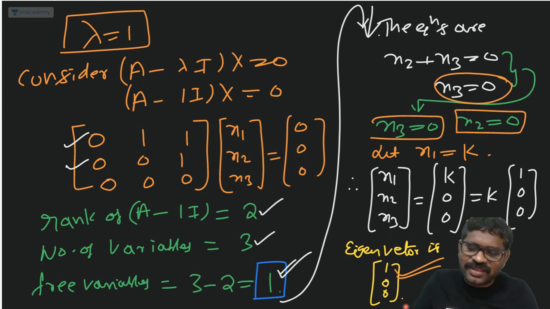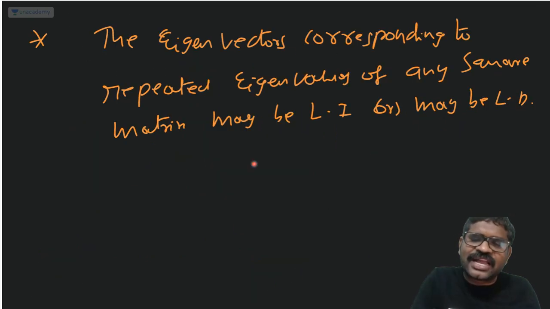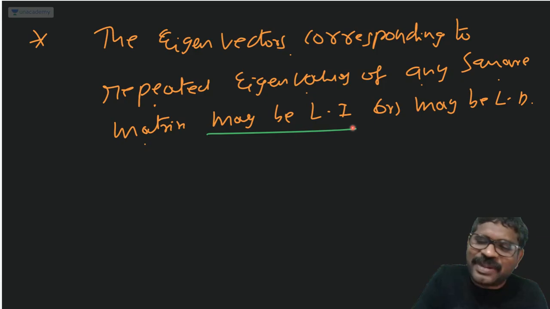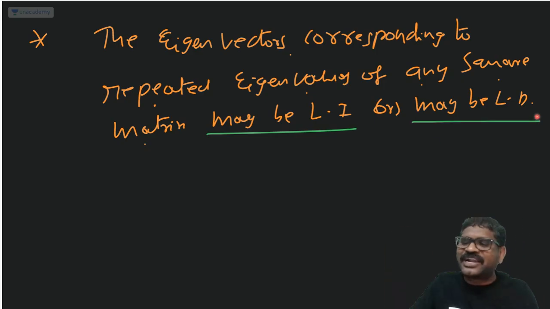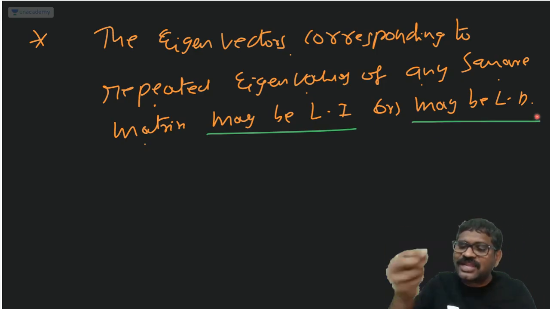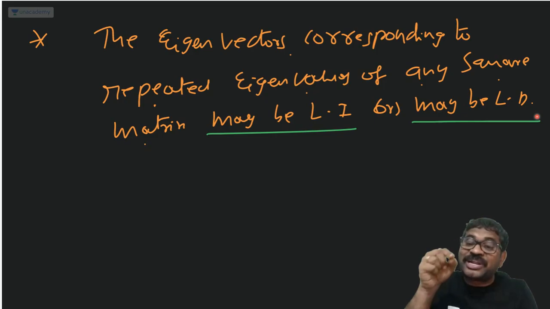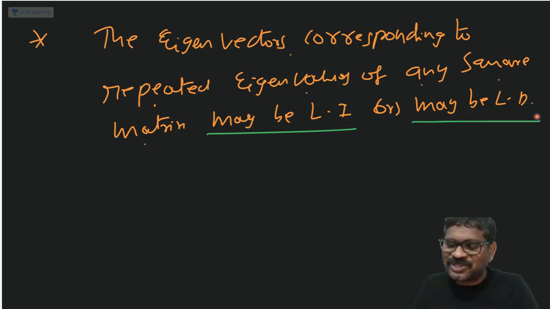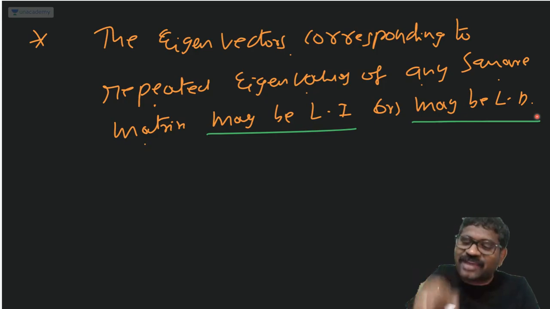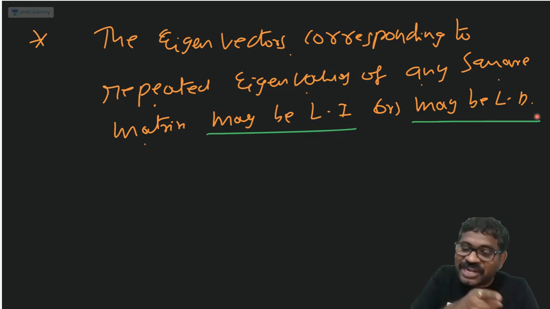So the eigenvectors corresponding to repeated eigenvalues of any square matrix may be independent or may be dependent. That's why there is a concept known as geometric multiplicity. In the case of repeated eigenvalues, you have to check geometric multiplicity.